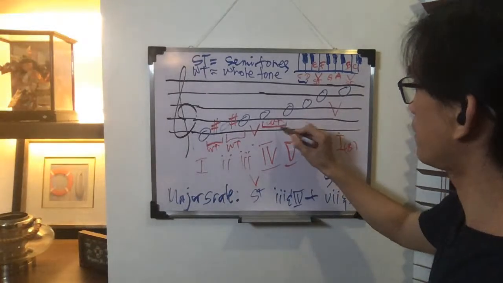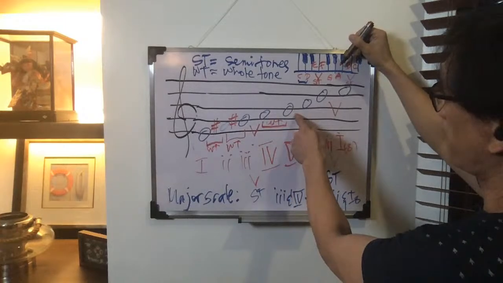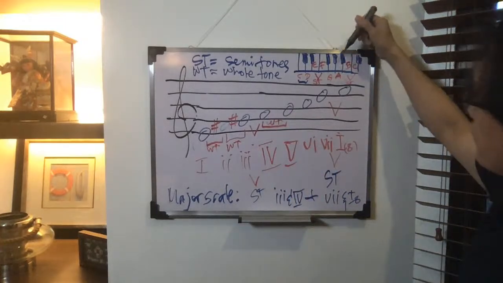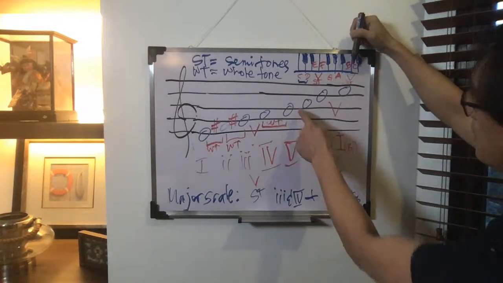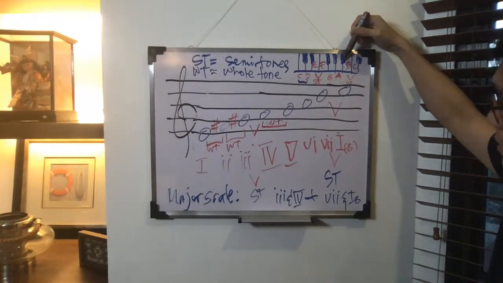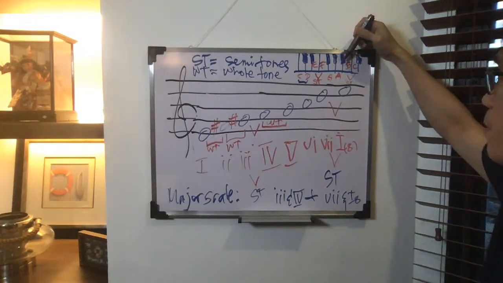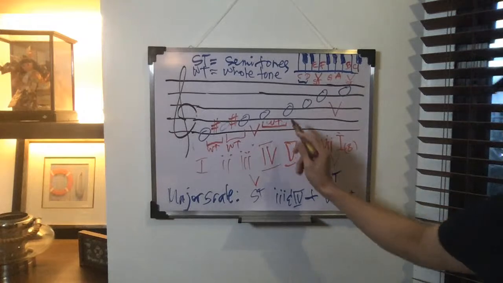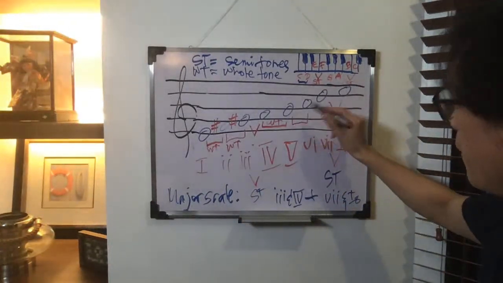So let's check. This is A, and then B natural. If you see, this is the white key and B is the next white key. There's a note in between, which is a black key, therefore it's already a whole tone interval. That's correct.